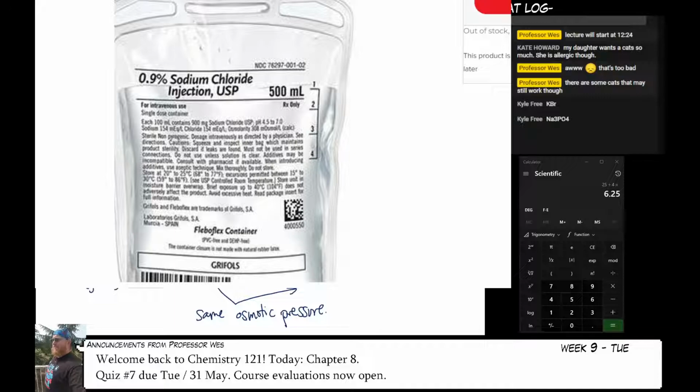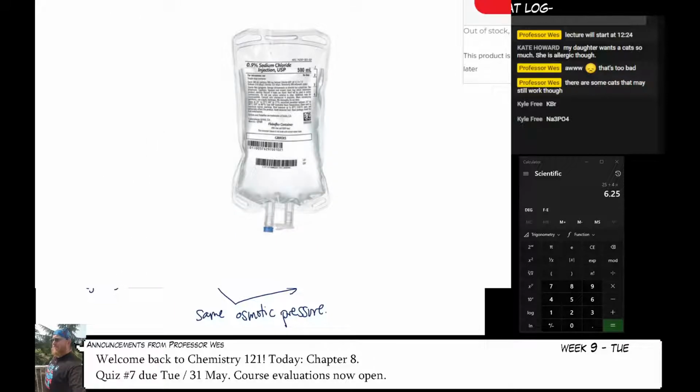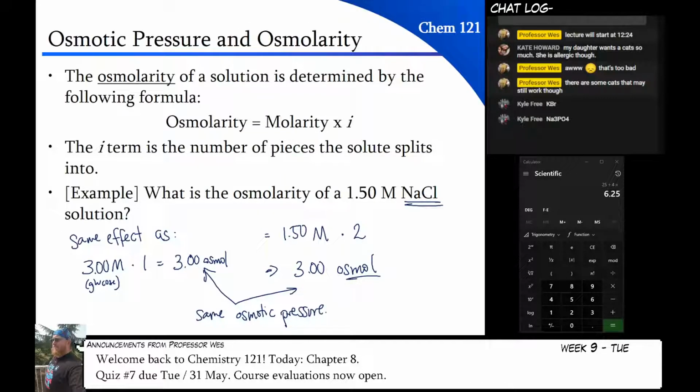So the osmolarity of the solution is 0.308 osmolar, in other words. And if you have any other solution that has that osmolarity, it would be isotonic with your bloodstream. So there you go. That's a fun thing that you can do.